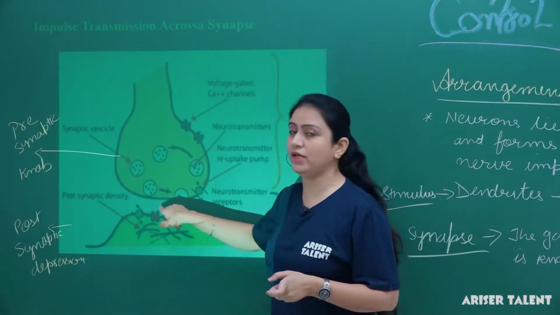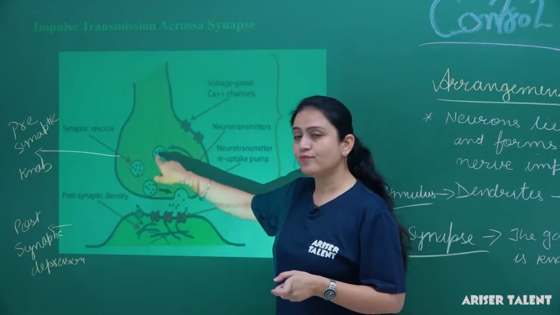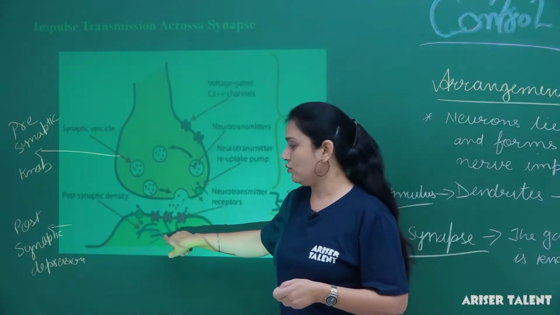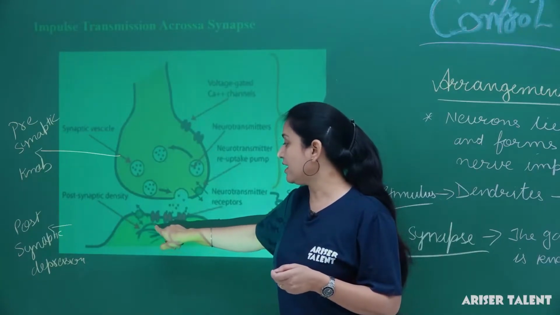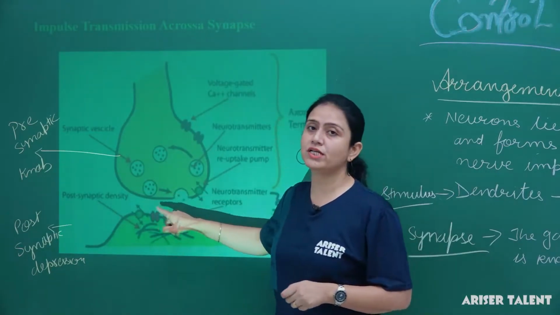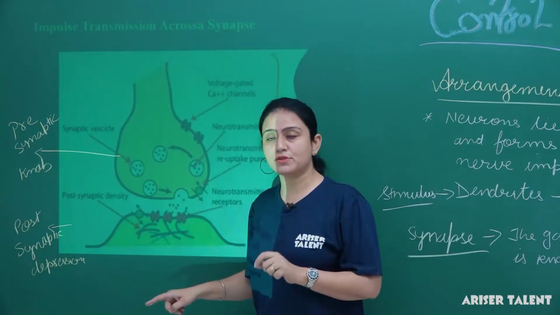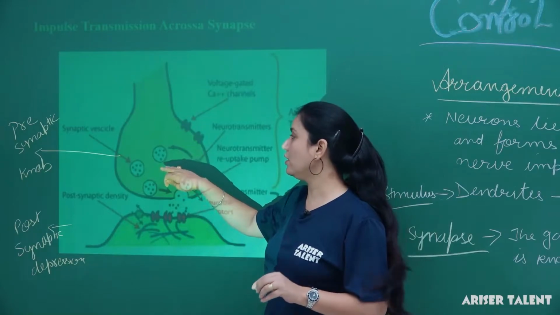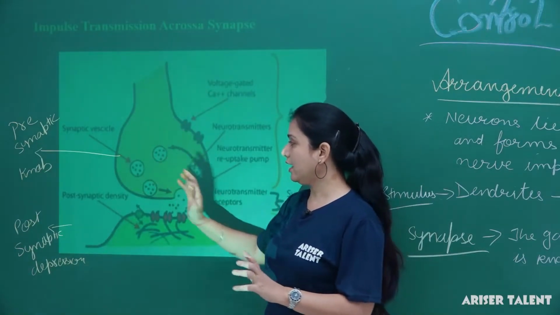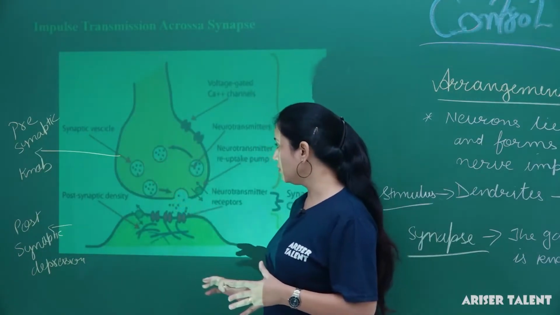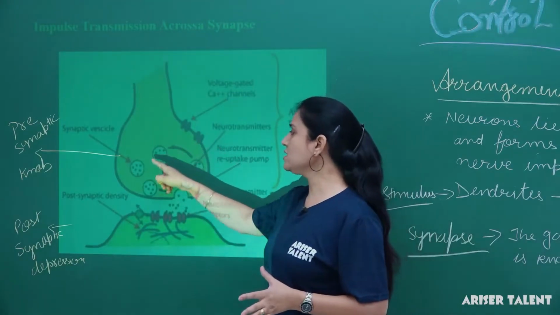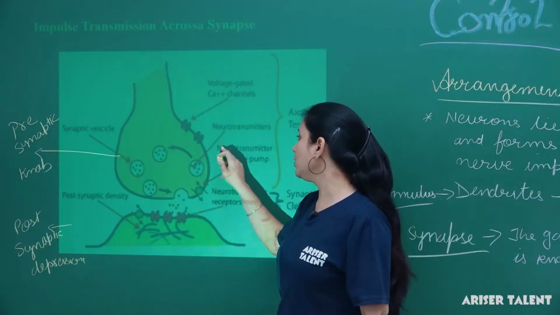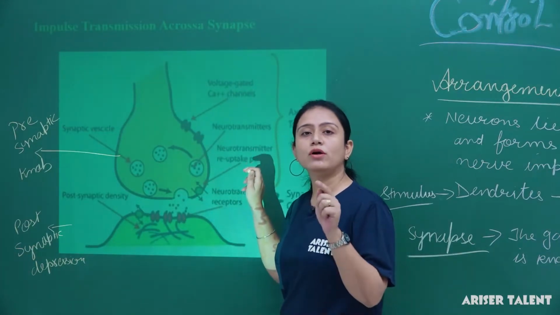Because the gap between the axon terminal and the dendrite of the other neuron is known as synapse. Now the synaptic vesicles release a chemical known as neurotransmitter.